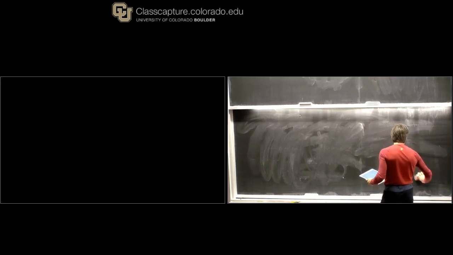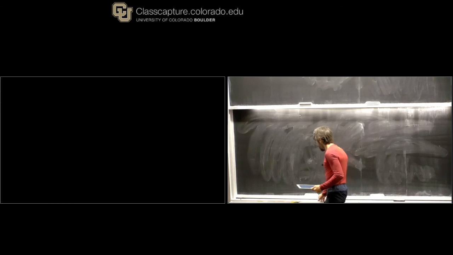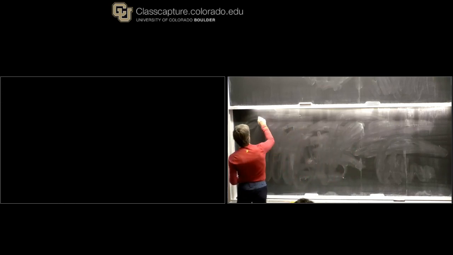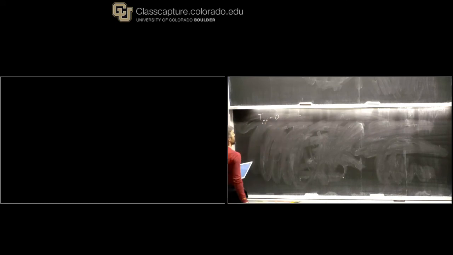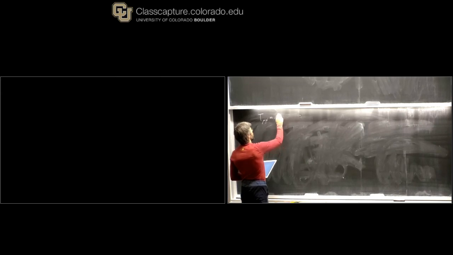So I lied to you when I said that scale invariance requires T mu mu equals 0. So this is generically true, but it's not always true. In fact, I could consider a more general condition that T mu mu is a total derivative of some object called virial current.